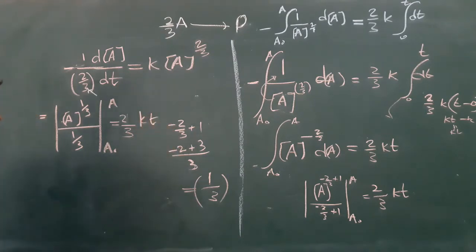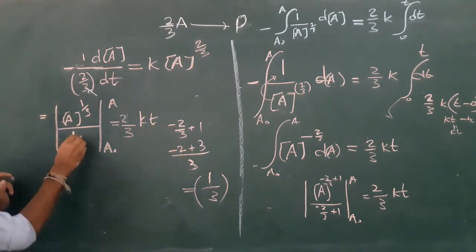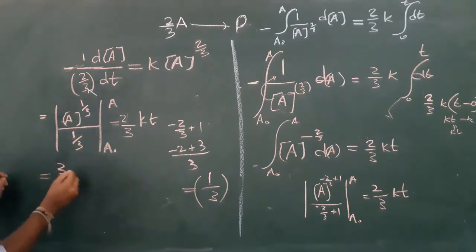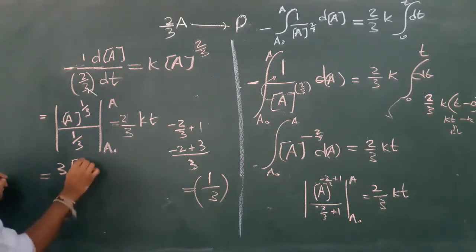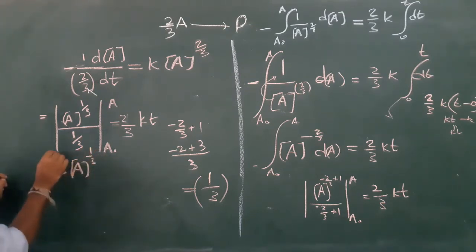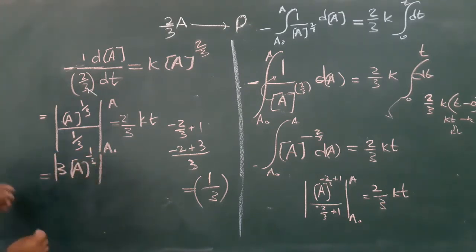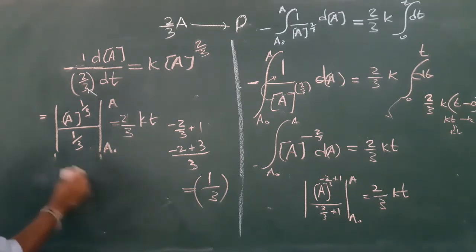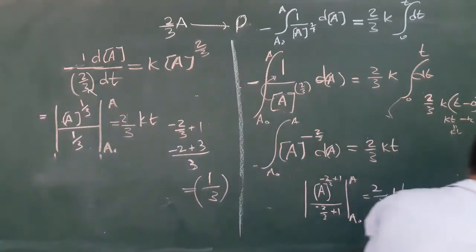Now I can simplify again. This 1 over 3, I can rearrange the equation as 3 A to the 1 over 3. It's somewhat messy. I will write in another color.